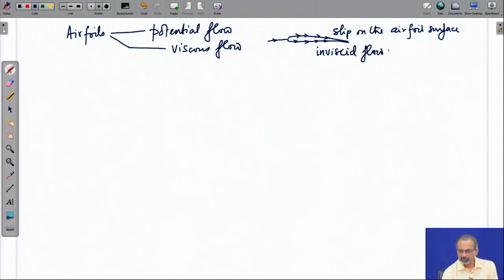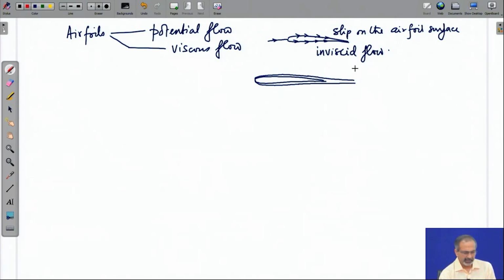While in a viscous flow, you have formation of a boundary layer and a wake which moves further downstream of the airfoil.